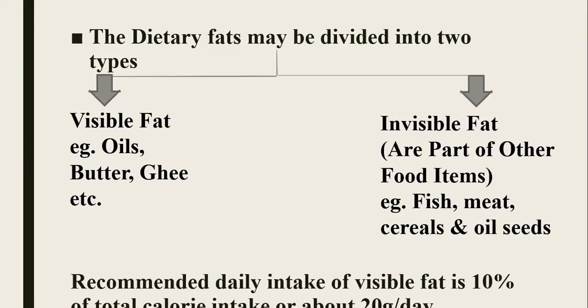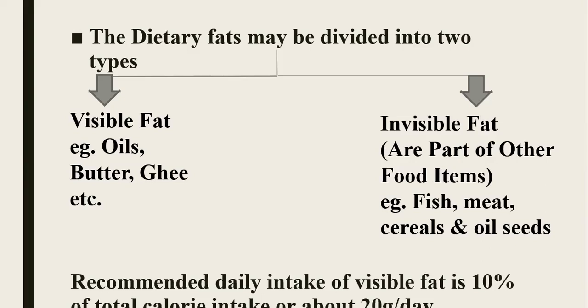Therefore, we divide dietary fats into two groups, visible fats and invisible fats, because it is recommended that the maximum energy intake from fat should be 30%.